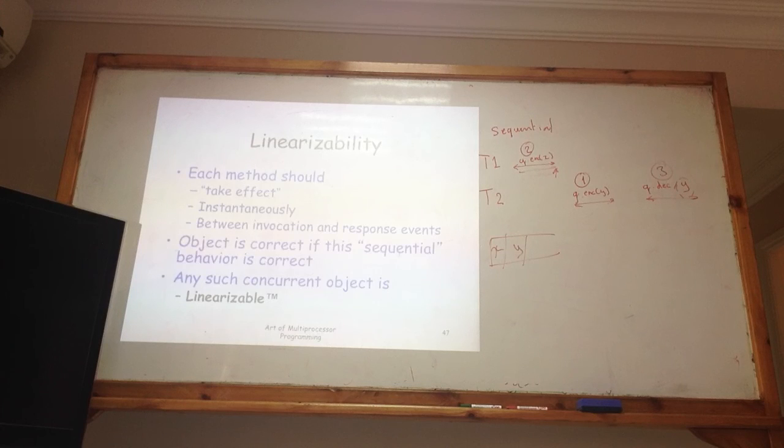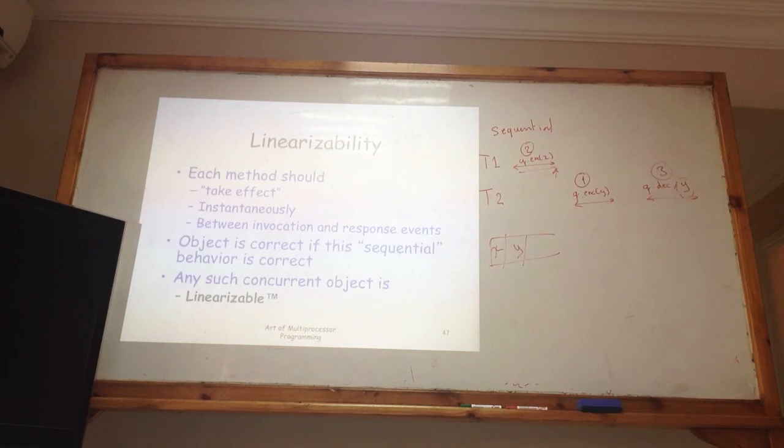In our case, if we apply linearization and thread one does Q.deq while at the same time thread two tries to enqueue something in the queue, we will provide a linearization point in our method, for example A++.